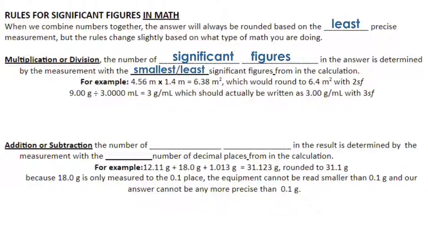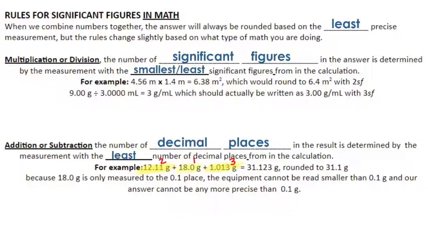But if or when we do addition and subtraction, it's actually going to be the number of decimal places that matter. We're still going to be rounding to the least number of decimal places, but now it's just kind of old-fashioned counting decimal places. How many digits past that decimal were there in our original numbers and in our final answer? So you can see here, if we're adding together these 3 numbers, 12.11 has 2 decimal places, 18.0 has 1, and 1.013 has 3 decimal places.